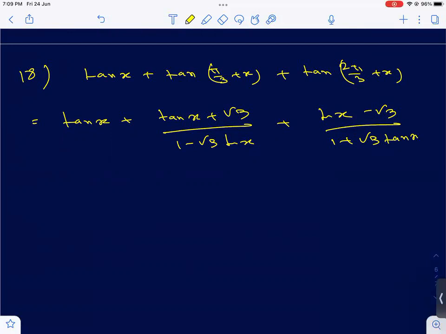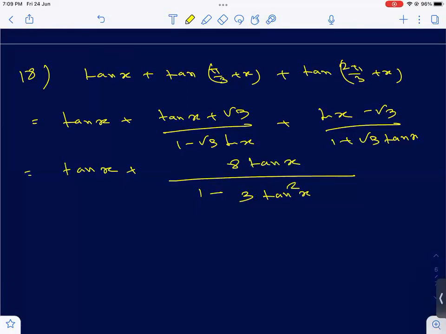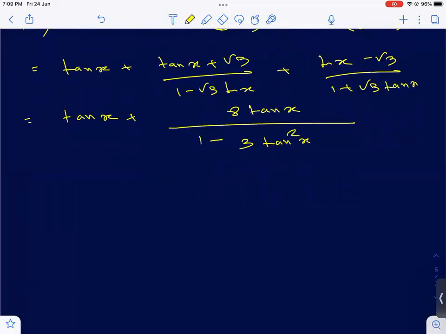Next, let us proceed. If I just do the LCM, keeping aside the tan x, we are getting 1 minus 3 tan square x, and if we cross multiply and calculate, some terms will be cancelled and we are getting 8 tan x.